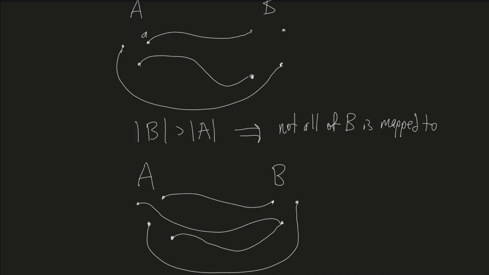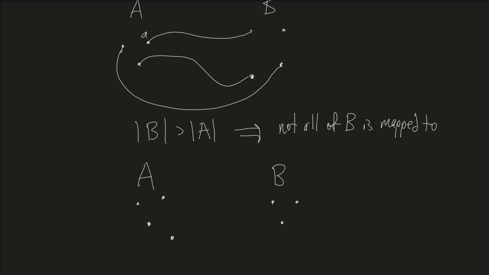Okay. So maybe you want to say, well, if the size of A is greater than the size of B, then B must be mapped to entirely. But that's not true, because we can construct a pretty easy example where all of the elements of A just get mapped to the exact same element of B. They all just converge to this one point. So it's not true that B must now be entirely mapped to.